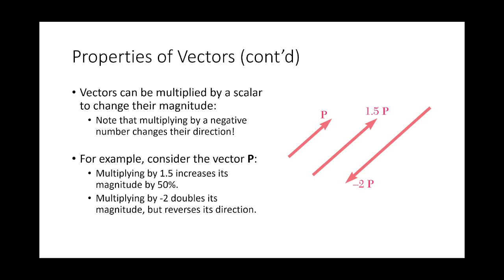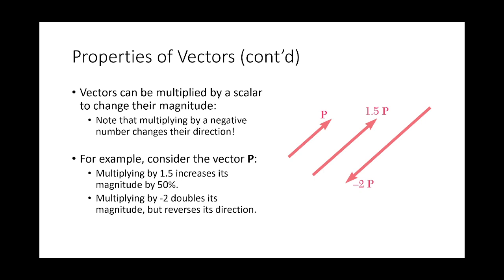However, if you do multiply a vector by a negative number, it maintains the same line of action. That term line of action will become important later. But it'll just flip its direction the opposite way. So if we consider some vector P, and notice here I'm drawing or typing P with a bold letter, if you multiply it by 1.5, that'll increase its magnitude by 50%. If you multiply it by -2, its magnitude will double, but it'll just flip.